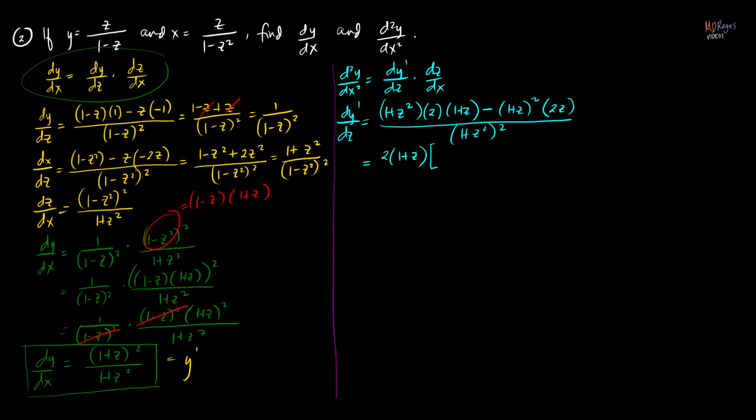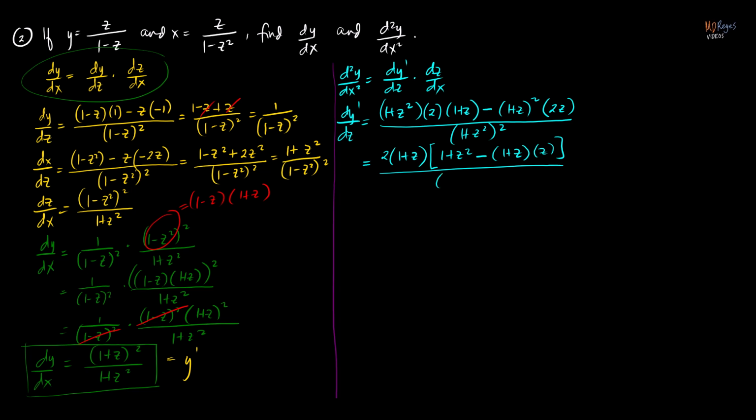Okay, factoring 2 and 1 plus z from both terms. In the first term, we'll just be left with 1 plus z squared. Now, in the second term, so minus, (1 plus z) is factored out. So, from (1 plus z) quantity squared, you'll just have 1 plus z. And then 2 is factored out from 2z, so you'll just have z.